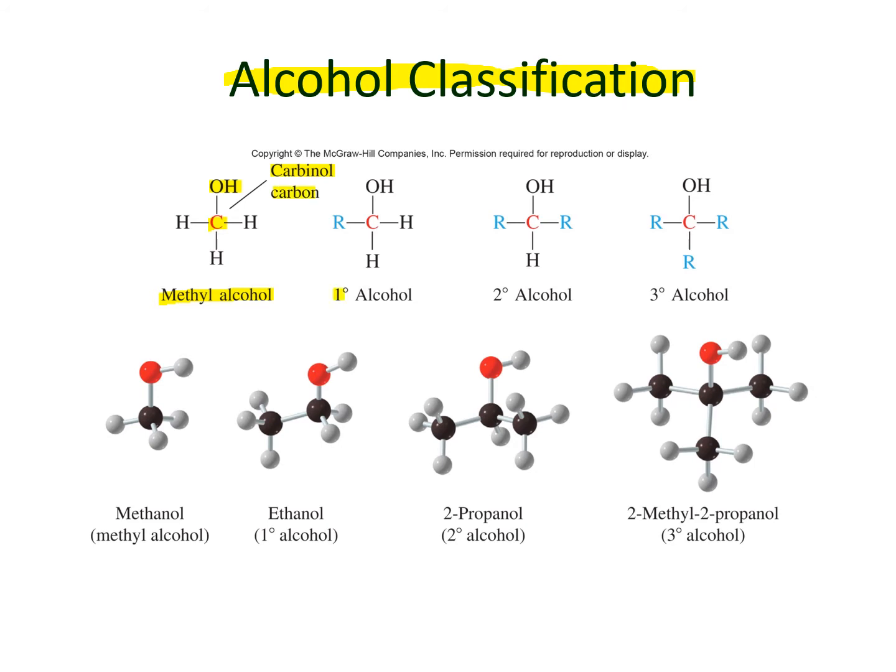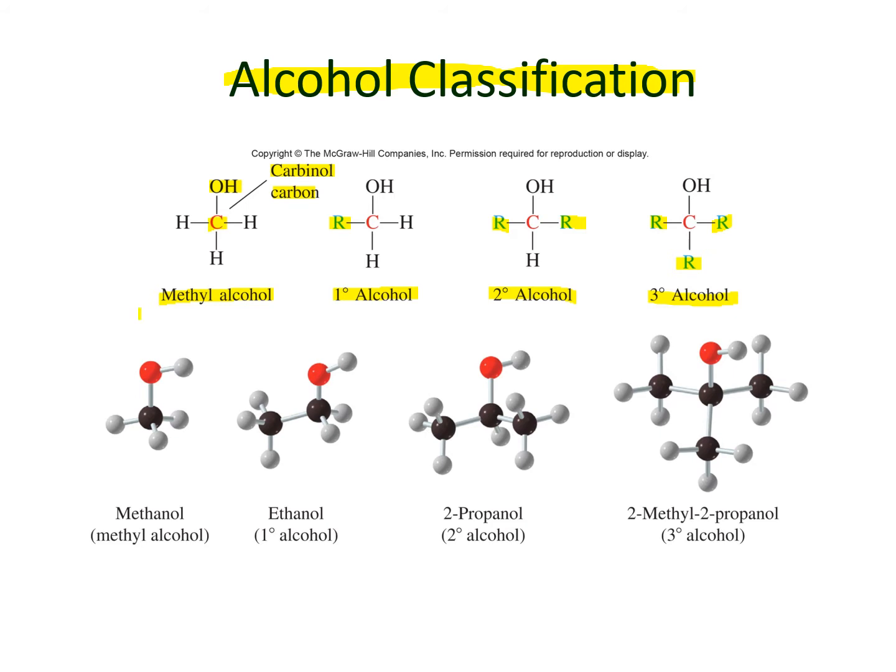Then comes the 1 degree, represented by primary alcohol. In primary alcohols, one R group is attached to the carbinol carbon. In secondary alcohols, represented here as 2 degree alcohols, the central carbinol carbon has two R groups, and in tertiary alcohols it has three R groups, replacing the hydrogen atoms that we saw here in the methyl alcohol.